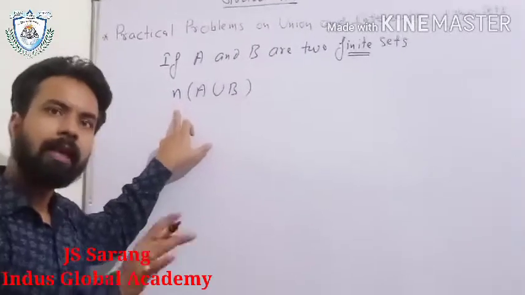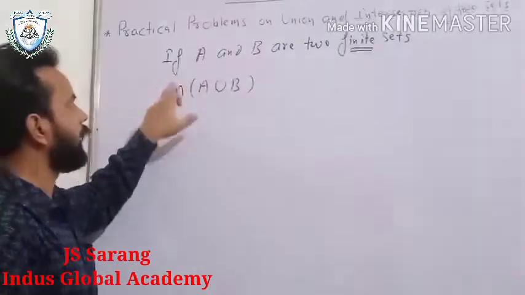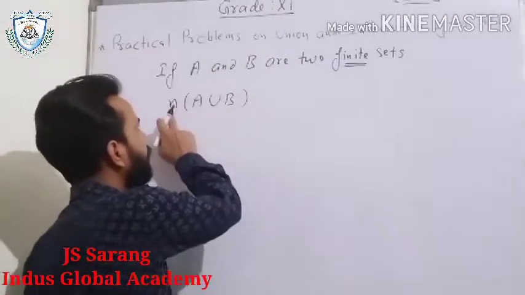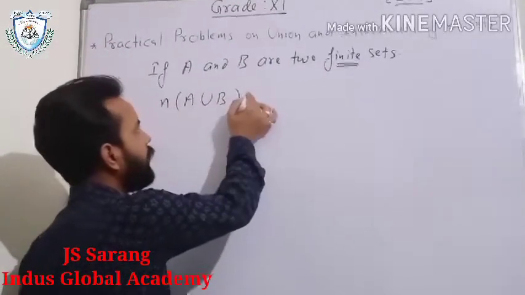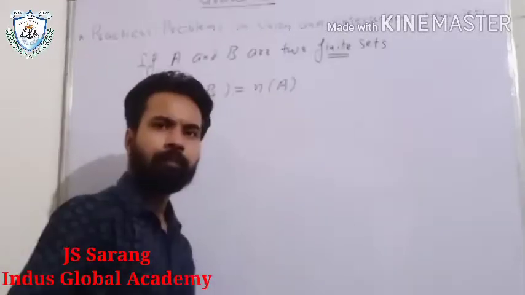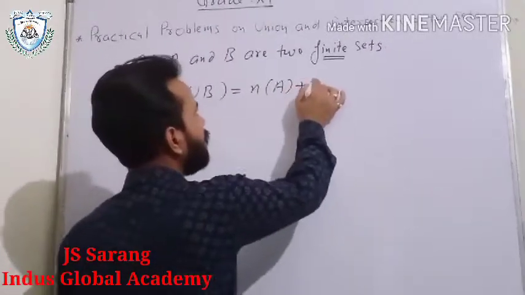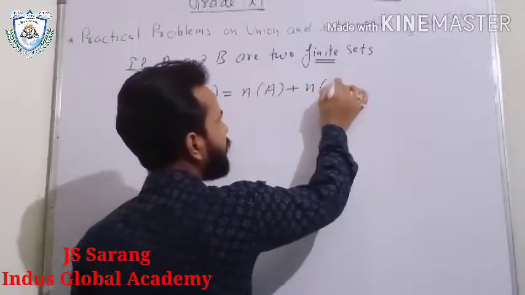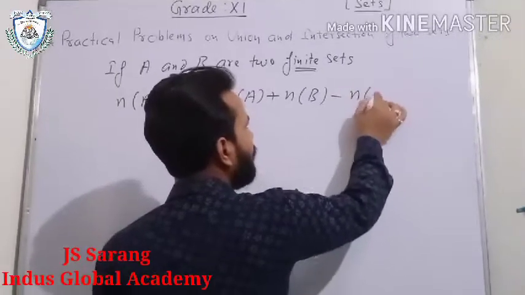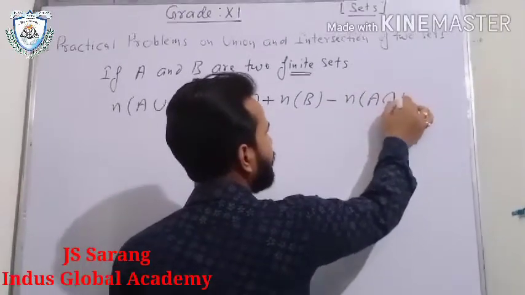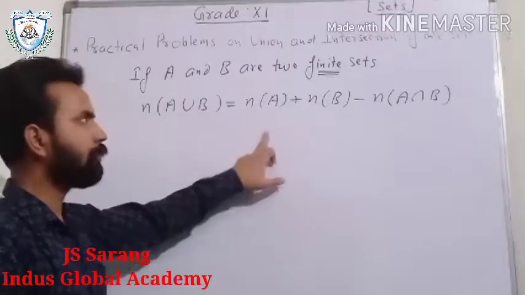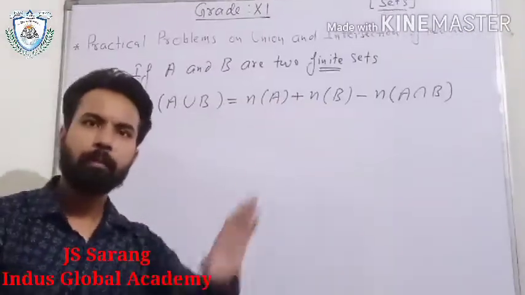So the identity is: number of elements in A union B equals number of elements in set A plus number of elements in set B minus number of elements in A intersection B. Got it? This is a formula you have to keep in your mind.